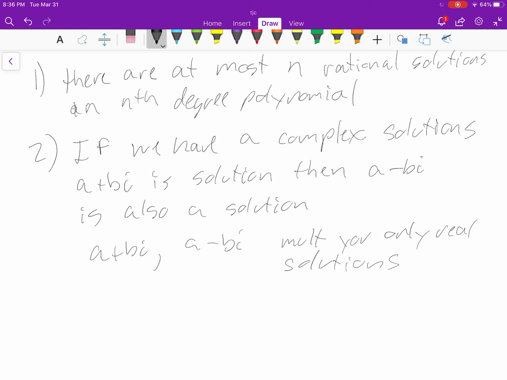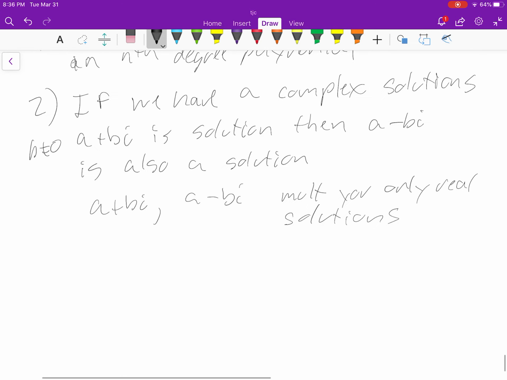And so what property number 2 states is if you do have a complex solution where b cannot equal 0, then you're going to have these conjugate pairs. So if you have complex solutions that have an actual imaginary part, they come in complex pairs. Okay? So there's 2 properties.